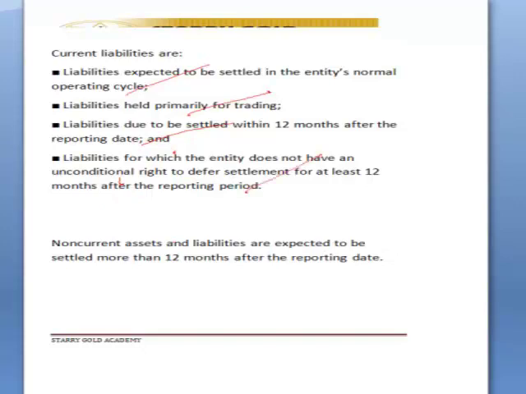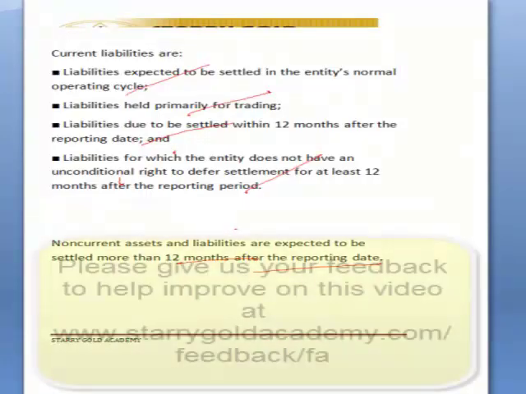So the non-current assets and liabilities are expected to be settled more than 12 months after the reporting date. So this is the classification of assets and liabilities.